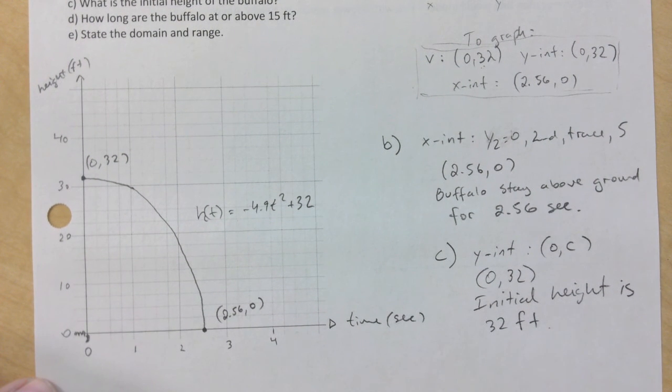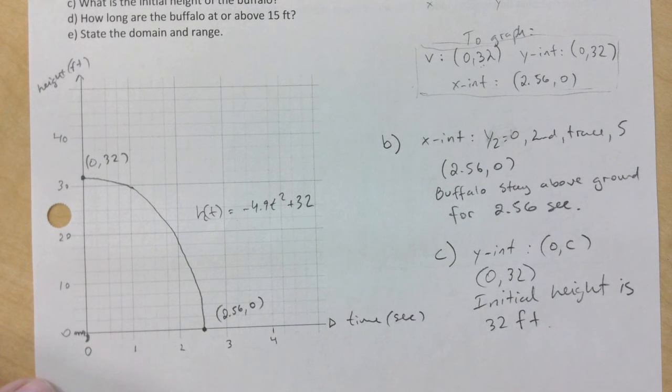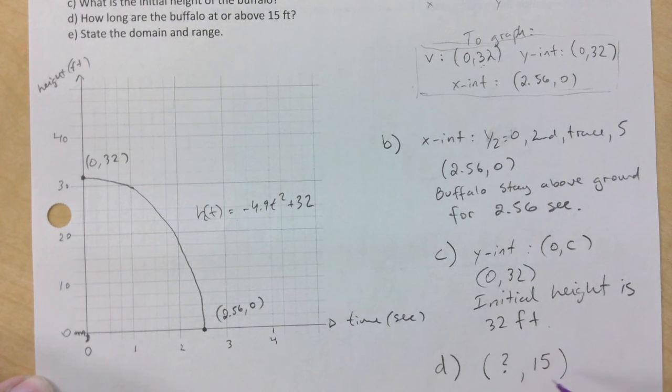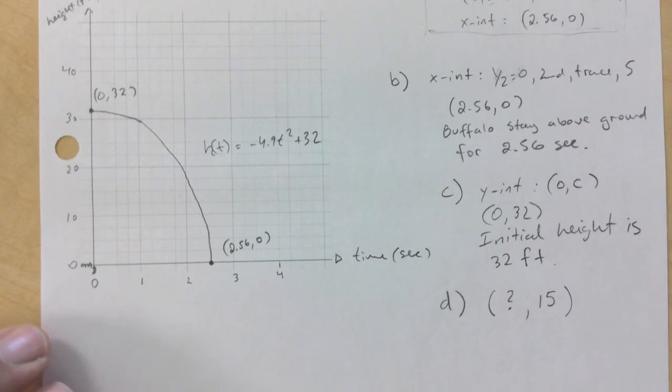How long are the buffalo at or above 15 feet? They're essentially saying, what is the time if it's at 15 feet, right? That's really what they're asking you for.